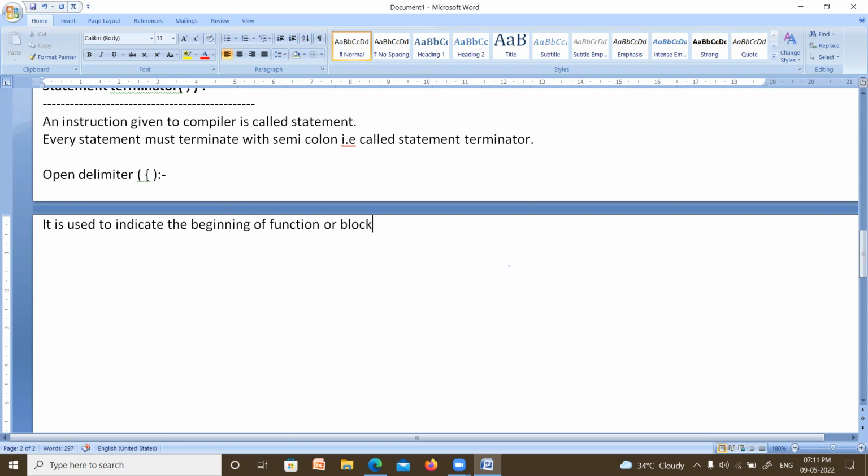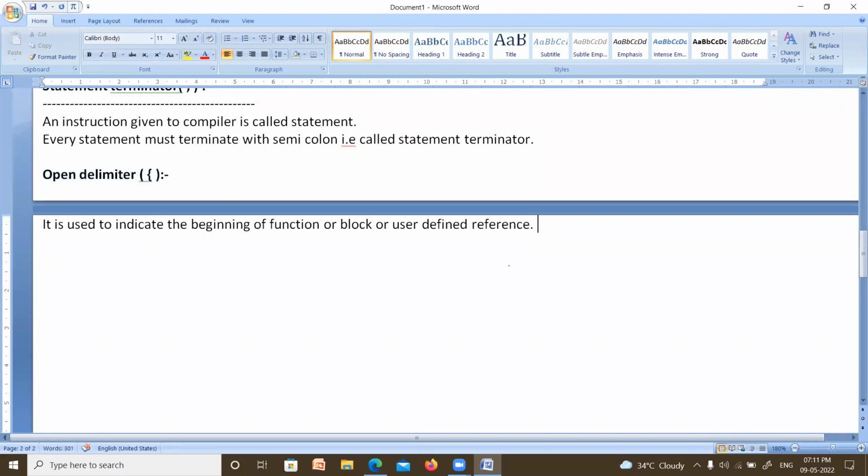Block means a group of statements. Or a user defined reference, which means if, switch, while, for. You can go through all these concepts in the future. So it is used to indicate the beginning of a function, a block, or a user defined reference.